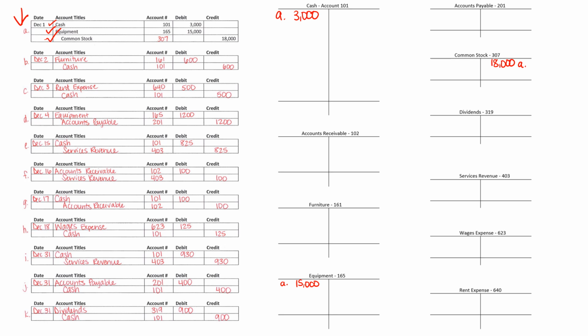The next one, furniture, is debited $600. And cash is credited $600. C, rent expense is debited $500. And cash is credited $500.